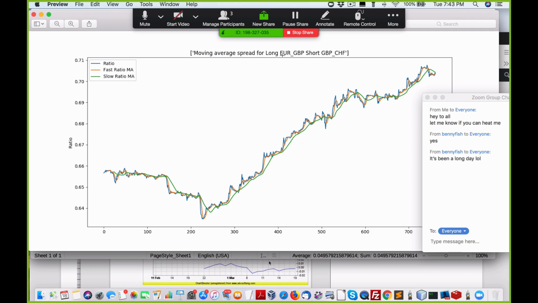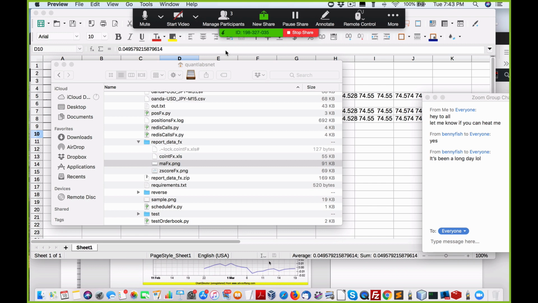Again, the long of the euro pound, the short of the pound against the franc. And what I do is I'll show you the moving averages of a fast period and a slow period. And then that is shown. But you can see here quite clearly that there is some form of co-integration trend there.